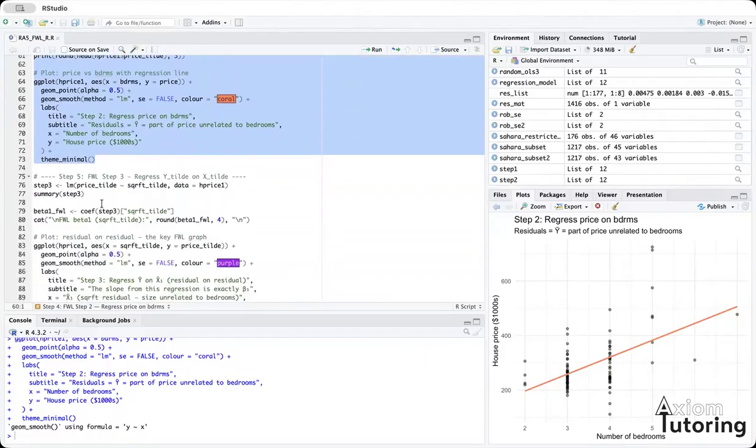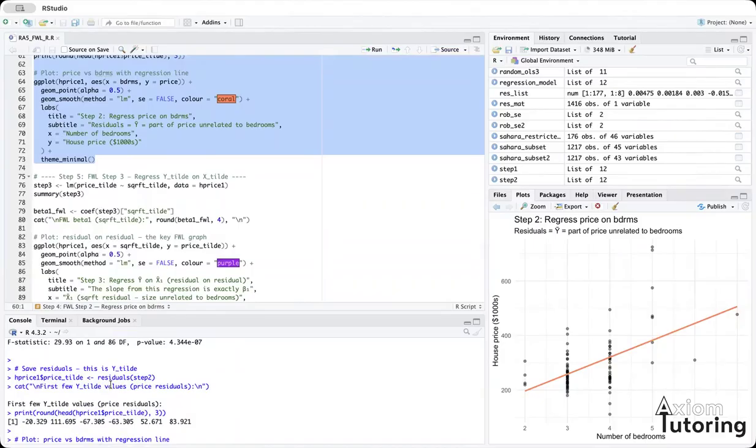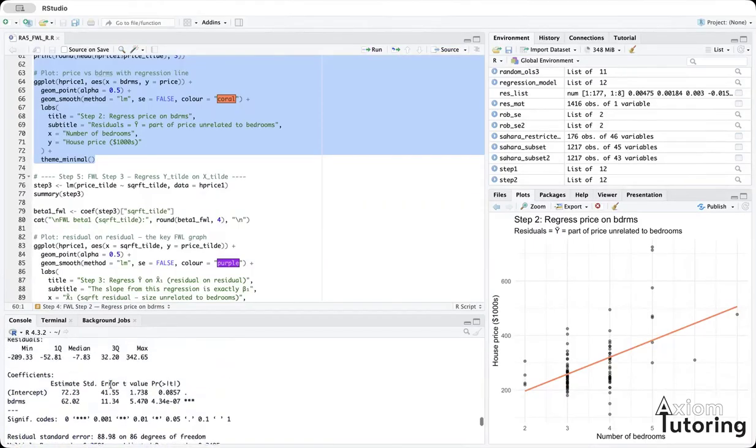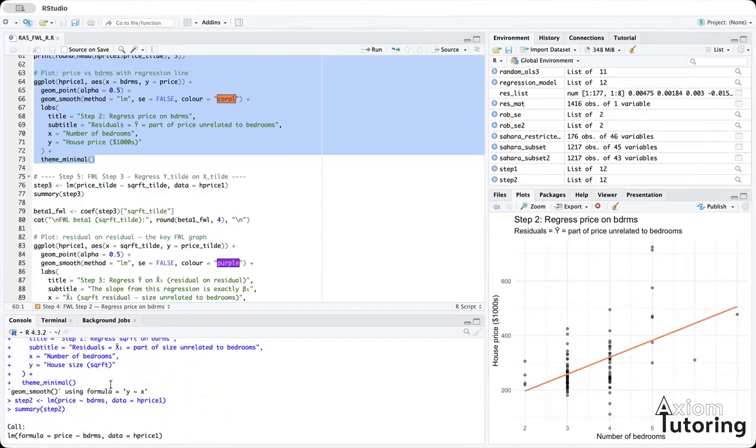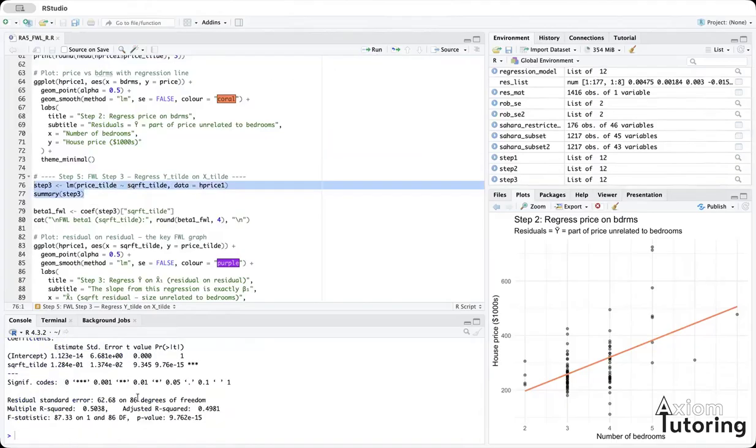Now, if you remember, in the very first regression, we had that the beta was approximately 0.13. More precisely, it was 0.1284. So now if we use exactly the price tilde and the square feet tilde, we should be able to see exactly that same number, or approximately that same number.